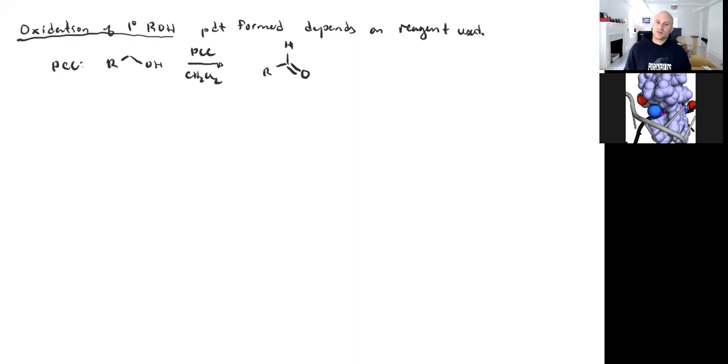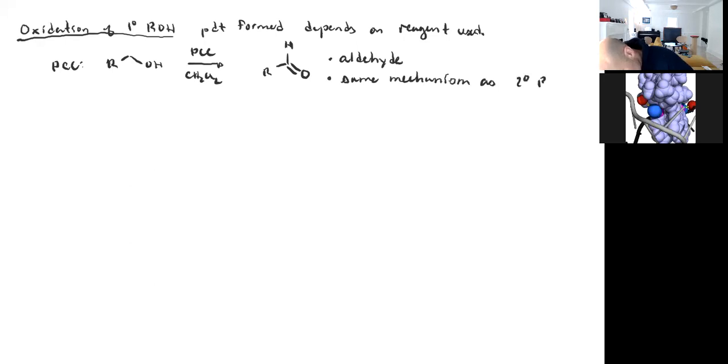You have one carbon attached to the carbonyl carbon, so this has a different name. This is known as an aldehyde. Okay, and it's formed by the same identical mechanism as what we saw with the secondary alcohols.